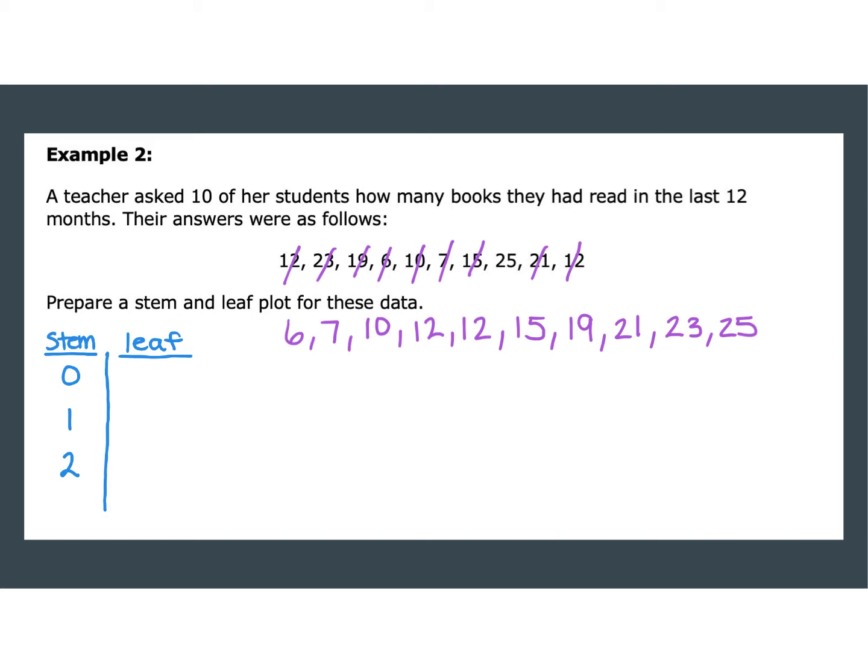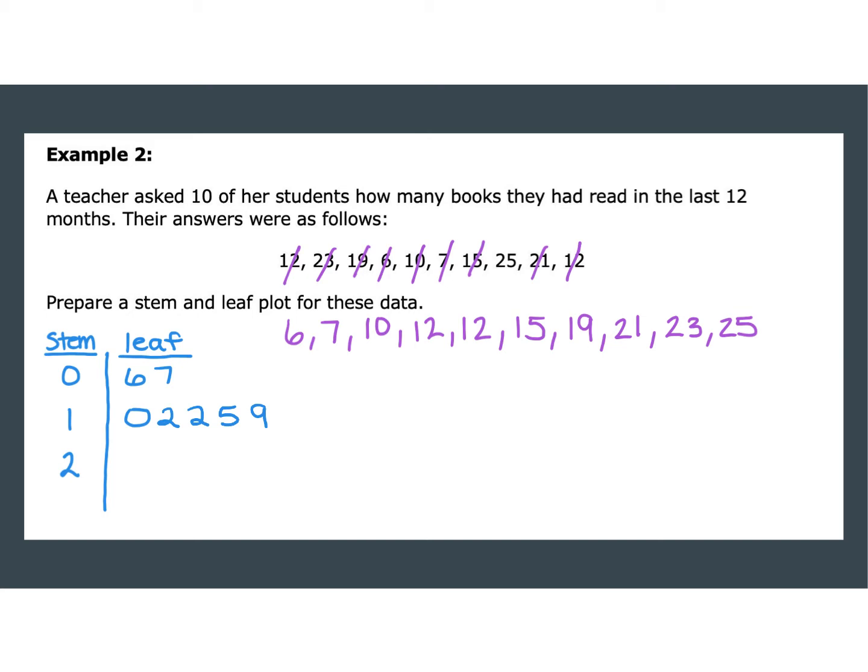My leaf for my stem of 0 will be 6 and 7. Then my leaves for my stem of 1 would be 0 for 10, 2 for 12, another 2 for 12, a 5 for 15, and a 9 for 19.